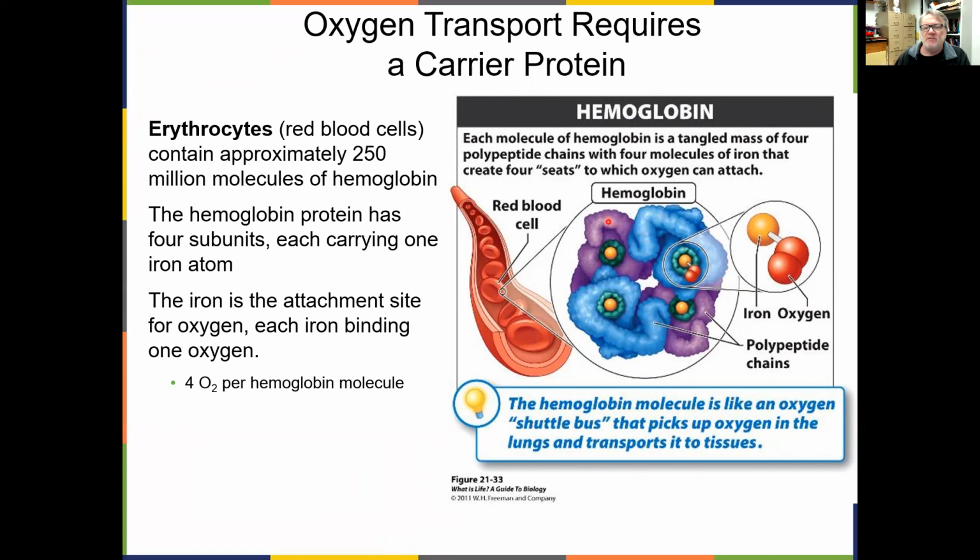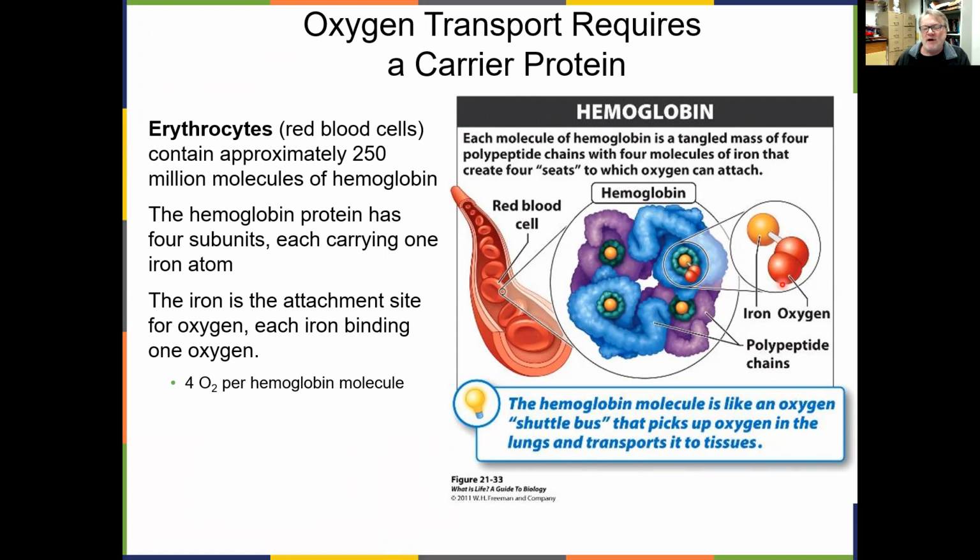The protein, the structure of an individual molecule shown here, has 4 iron atoms that are essential components to it, because it's the iron that does the chemical bond to the free oxygen molecules.